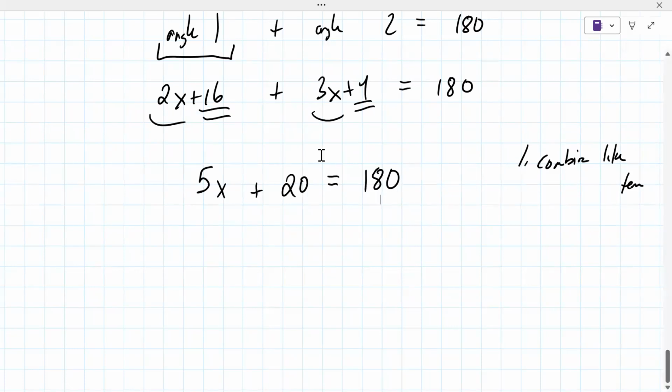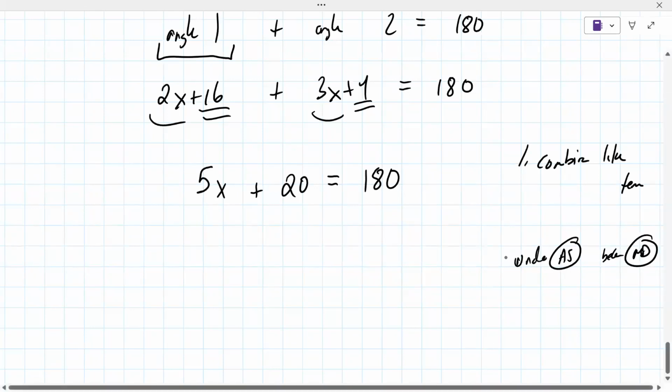Okay, now look at the side with the variable. What do you undo first? 180. Look at the side with the variable. Yeah, 20, right? You undo addition and subtraction before multiplication and division. Oh, so 20. Okay, so how do you undo it? Subtracting 20. Subtract 20 from both sides.